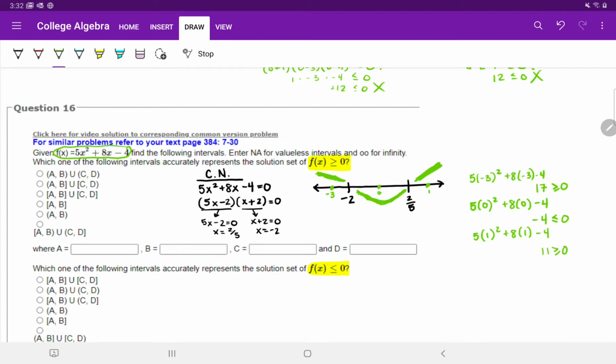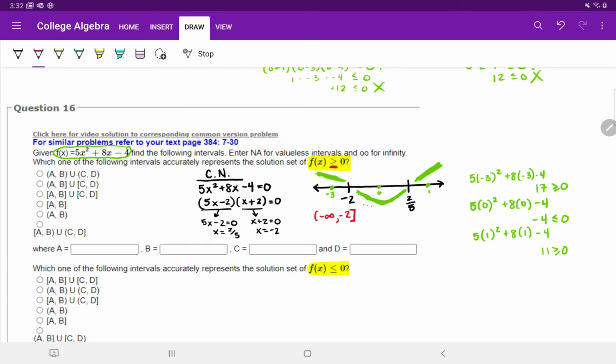question 16. Part A asks us, which of the following intervals accurately represents the solution set of f of x is greater than or equal to 0? So that would be from -infinity all the way up to -2. -2 would be included because it says greater than or equal to 0.